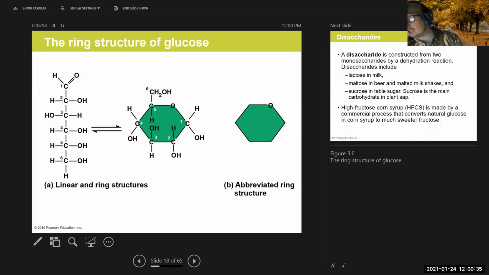Basically, with these abbreviated structures, it's known that at each angle there's a carbon atom, and on each of those carbon atoms you have that H and your OH. That's just known.